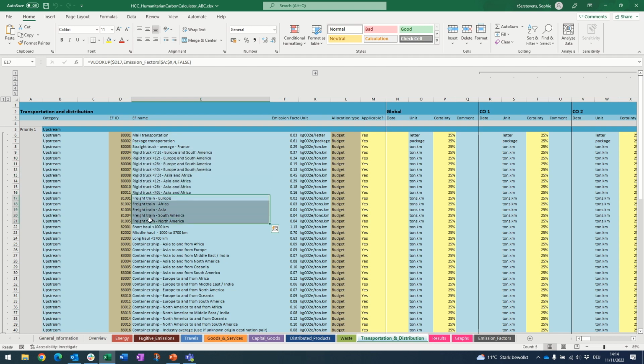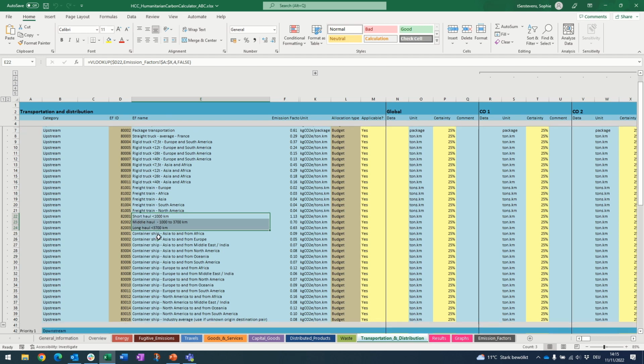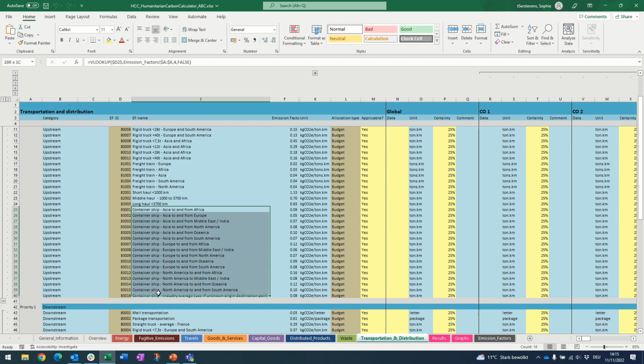Then we have rail transport emissions factors, and here we have different emissions factors for different regions. Then we have air transport emissions factors, and here we have different emissions factors for different distances. And then we have the sea transport emissions factors.